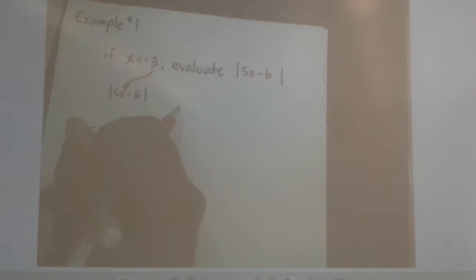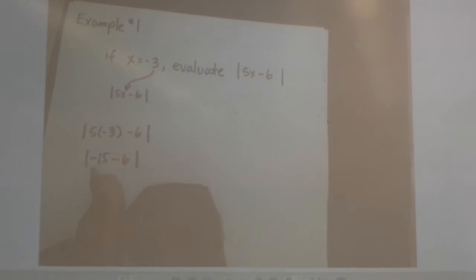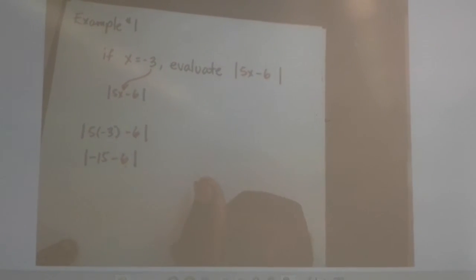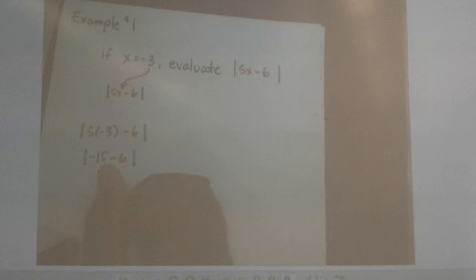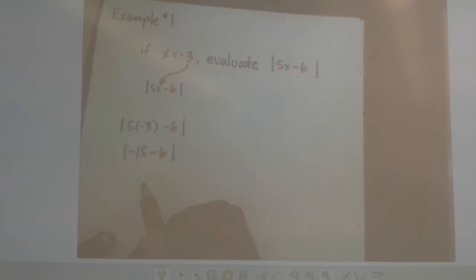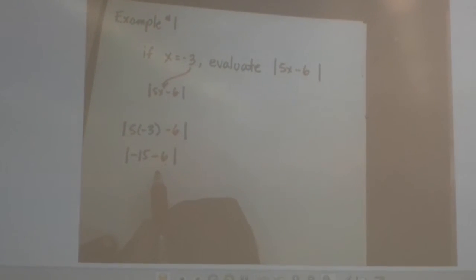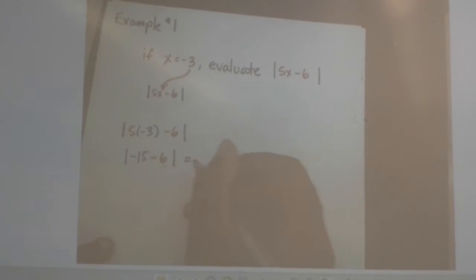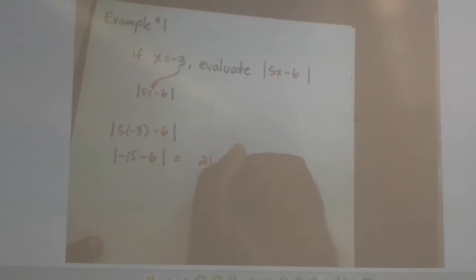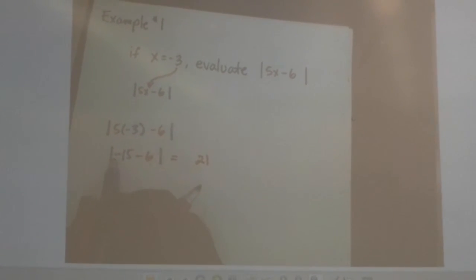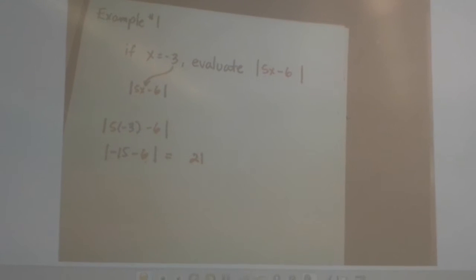So you still have the absolute value. And now, since they both have the same sign, we're going to simply just add the two numbers and then keep the sign. 15 plus 6, well, that equals 21. And because both of the signs here are negative, that makes this negative.